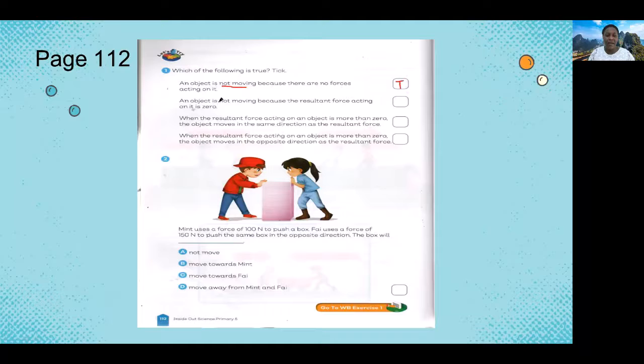An object is not moving because the resultant force acting on it is 0. True or false? True. Let me take you back. It is true. If you want to understand this one, you will understand it from here.